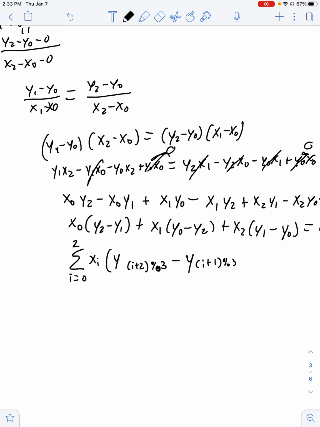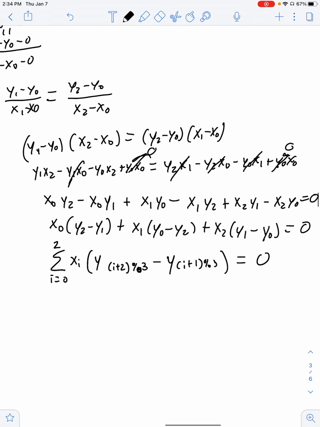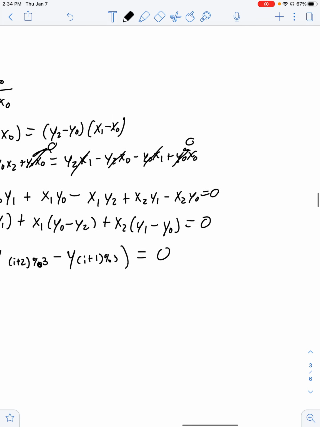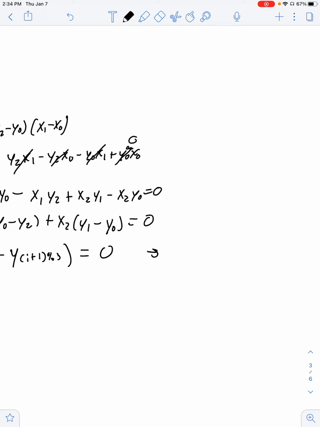Yeah, 1, 2, 0, okay, equals 0. So there you go, there's the solution. If this equals 0, then straight line, so not a boomerang.